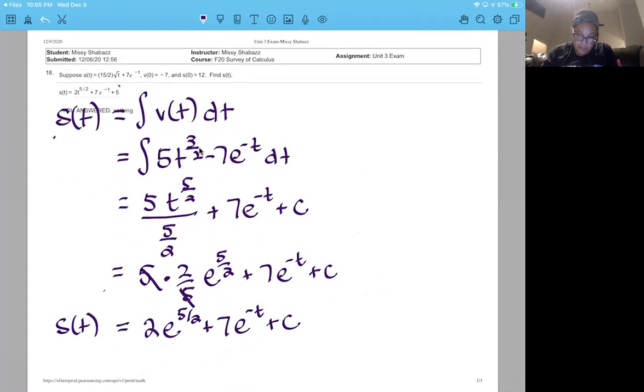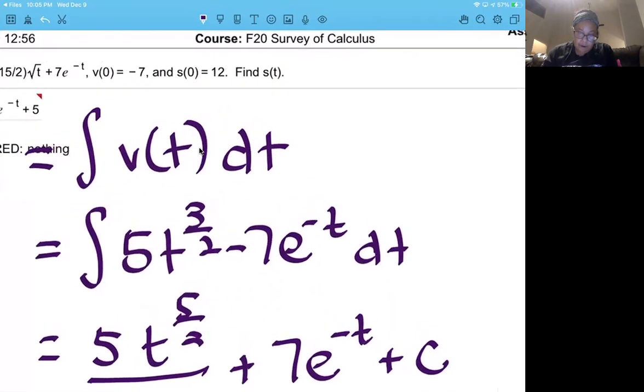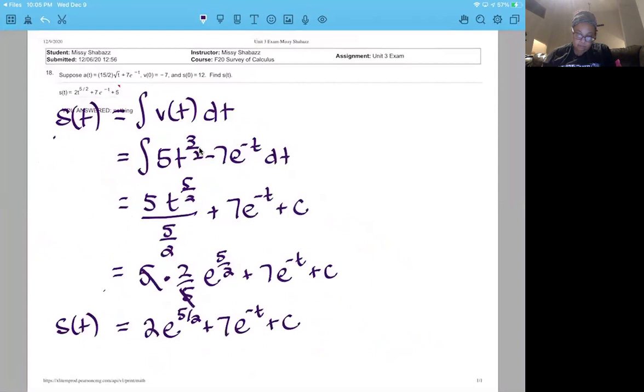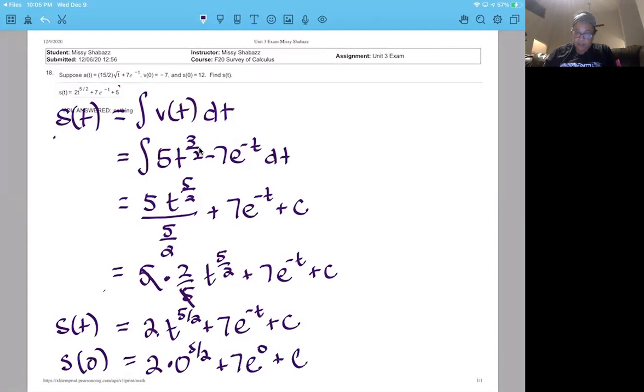And they tell me that s(0) equals 12. So s(0) equals, why do I have e to the 5/2? That is a t to the 5/2. I need to go to bed. Okay, 2 times 0 to the 5/2 plus 7e^0 plus c equals 12.